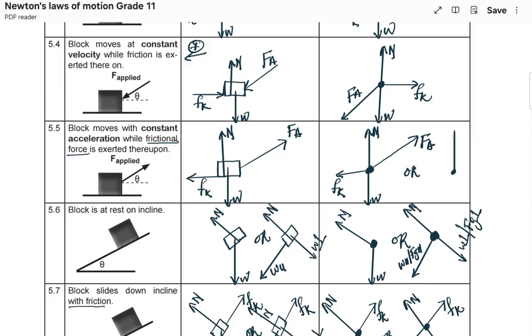Then I'll be having the normal, the force, which is force vertical, and force horizontal. I'll also have the weight and the kinetic frictional force.